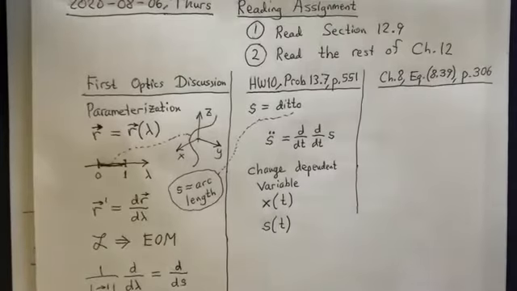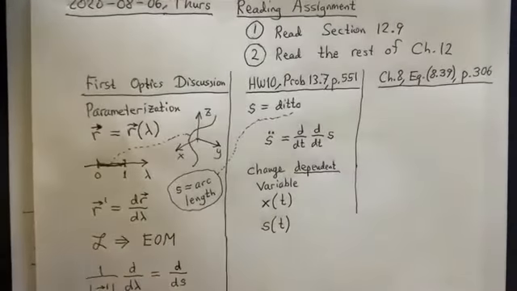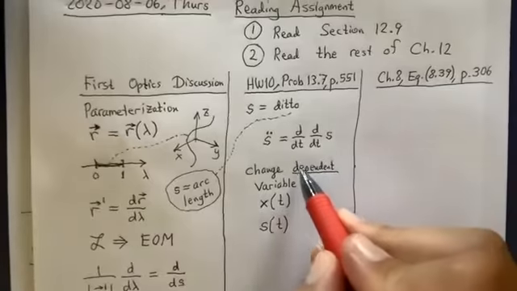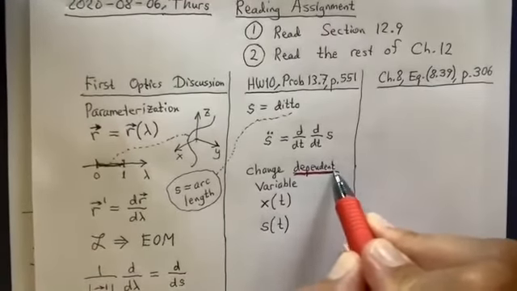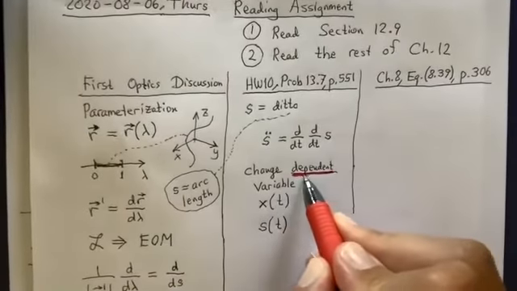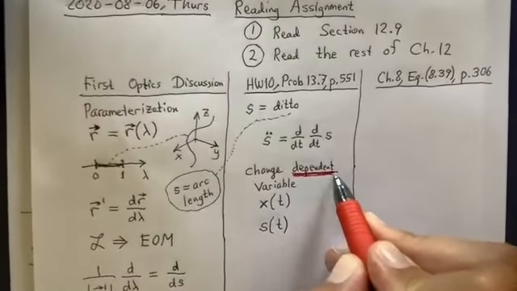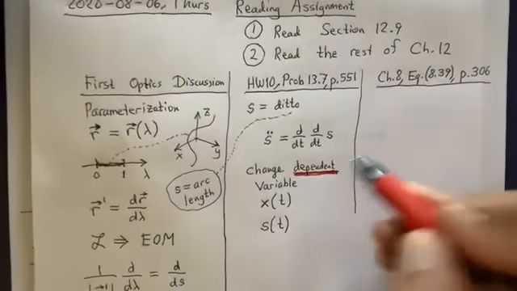Okay, so let's appreciate in this problem, and I'm going to truly emphasize with the red color, for this problem, we're changing the dependent variable. Now it's so nice and red on the paper, and then I look at the document camera, and it's a far cry from being red.